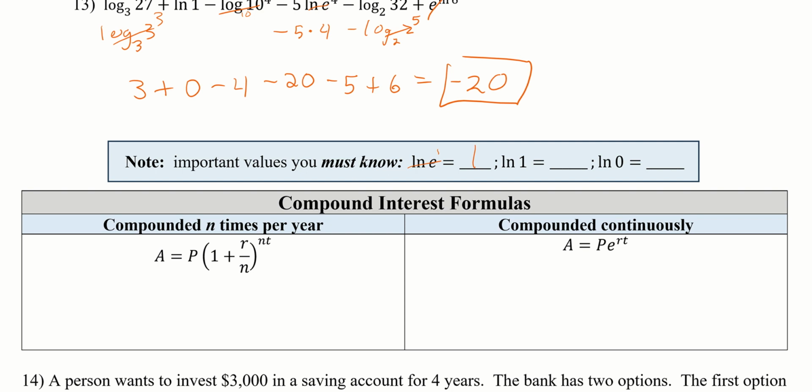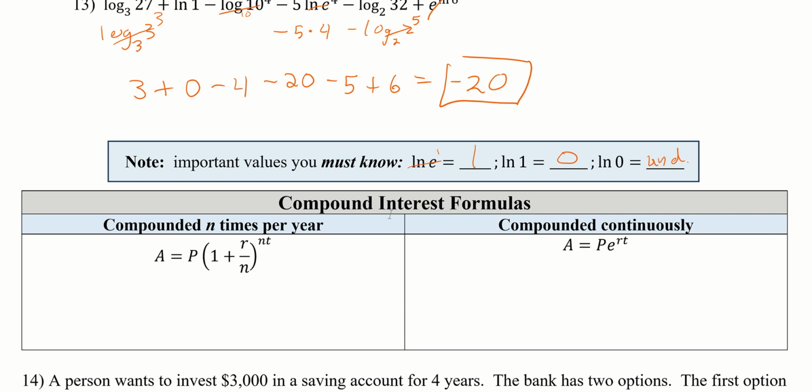Like I said earlier, ln of 1 would come out to be 0, because anything to the 0 power is going to be 1. And then ln of 0, we don't like this one. This one is undefined. So that would be, in this case, our vertical asymptote, right? And so we don't actually want that value.